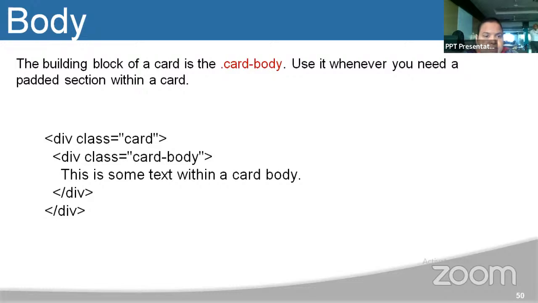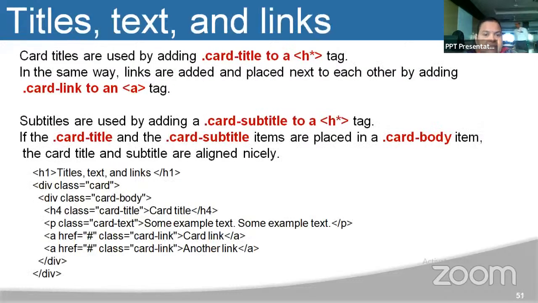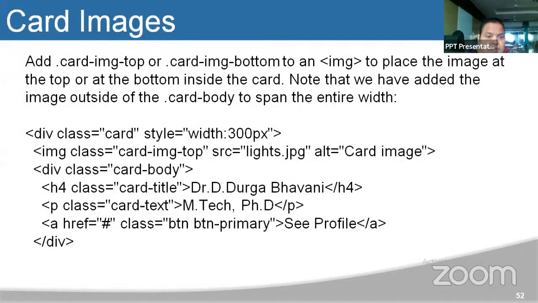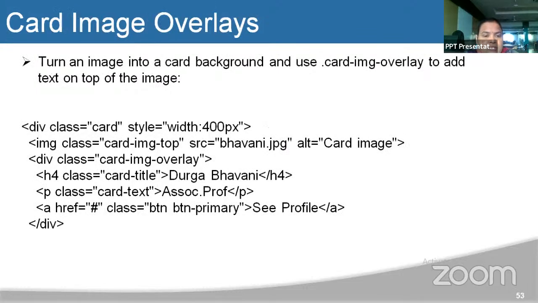Then card title, card text, card subtitles, and links, cards horizontally, primary background colors, and then inserting images, the image with text under it, and the overlay, the text on the image, how to write it. Cards represented horizontally and cards represented vertically are nothing but columns. That's all about the cards.